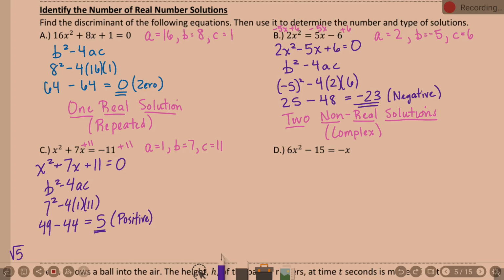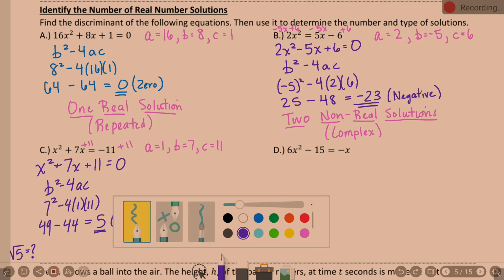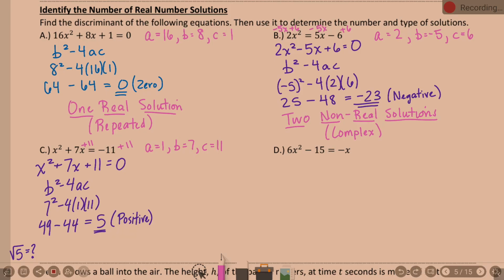But because square root of 5 is that big, long, messy decimal, that means these two real answers are going to be irrational. Because remember, big, long, messy decimals are irrational. So I'm going to write down, most importantly, that this is 2 real solutions.